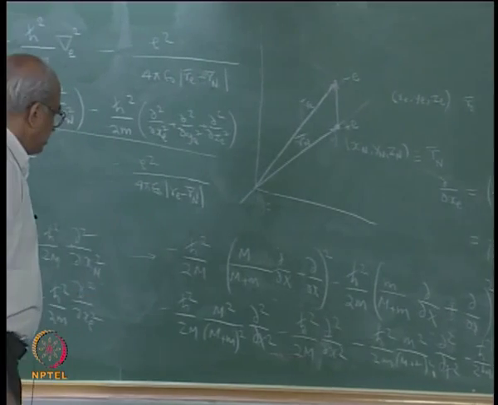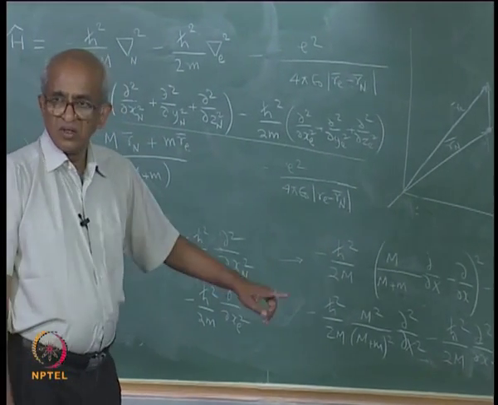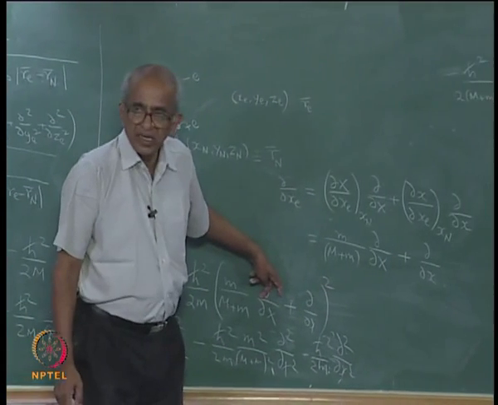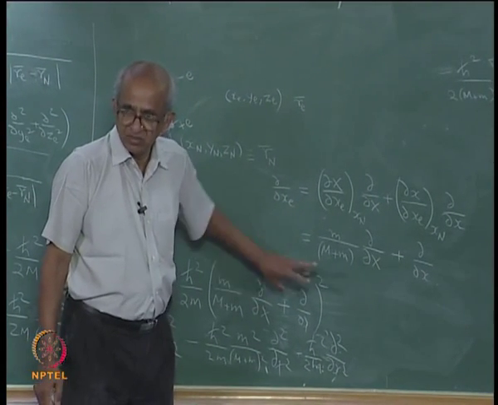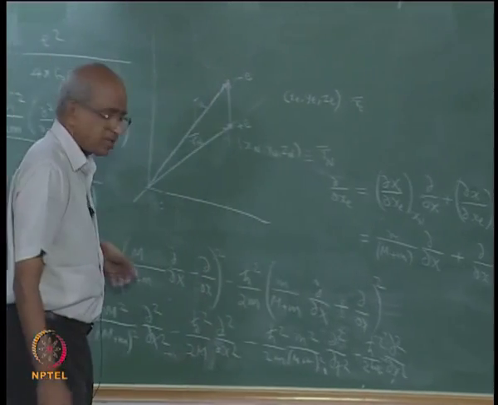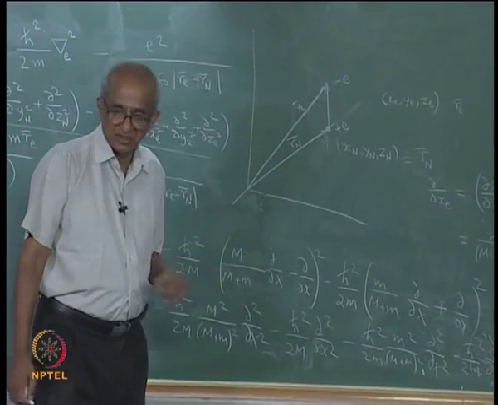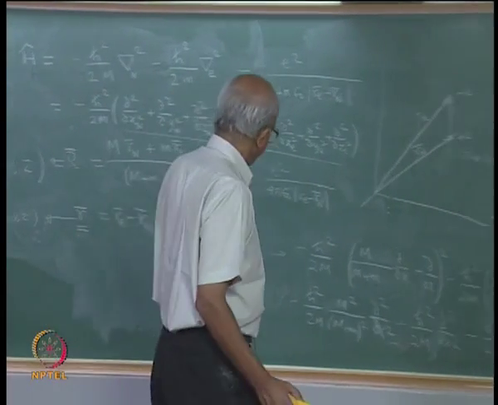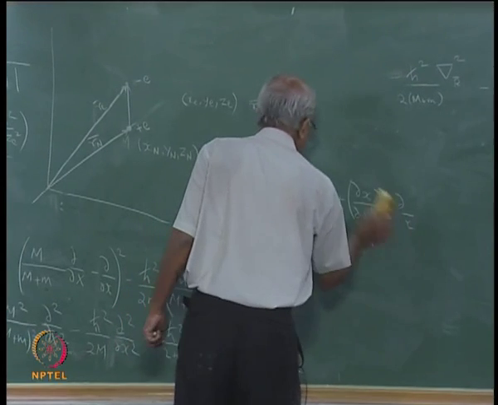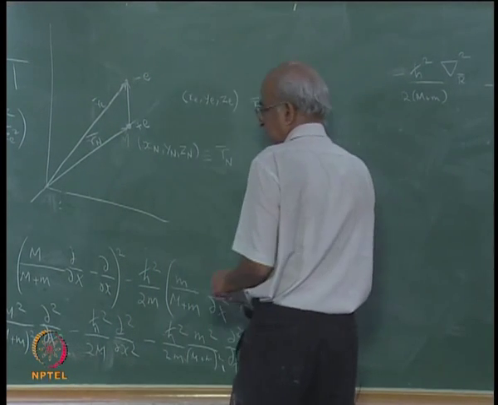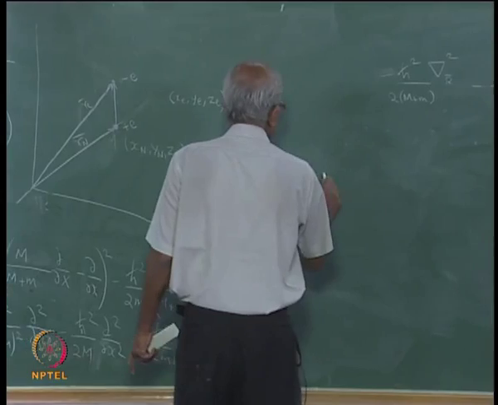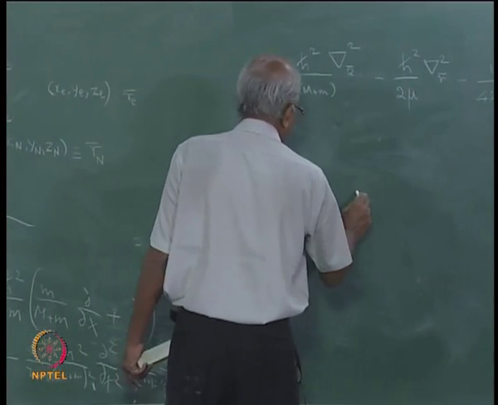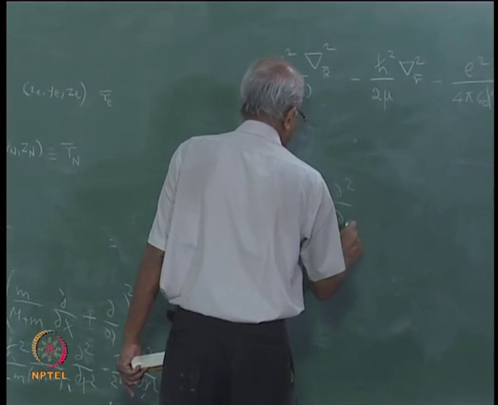So, there is a cross term involving the ∂/∂x and ∂/∂X, the two together, but that will be cancelled by the same kind of term from the other side. So, what is the net answer? Well, it involves ∂² upon ∂X² and ∂² upon ∂x².